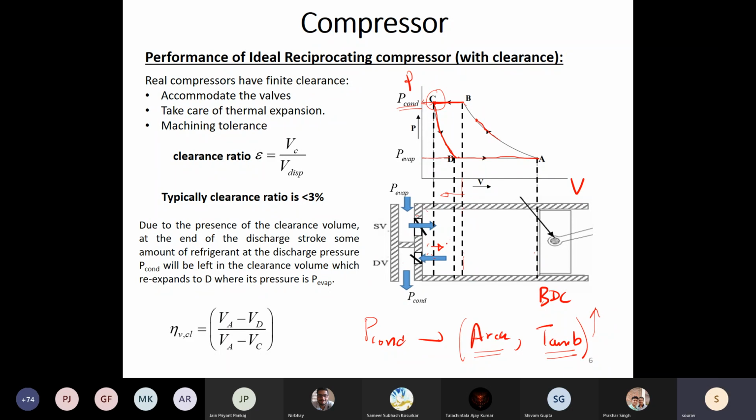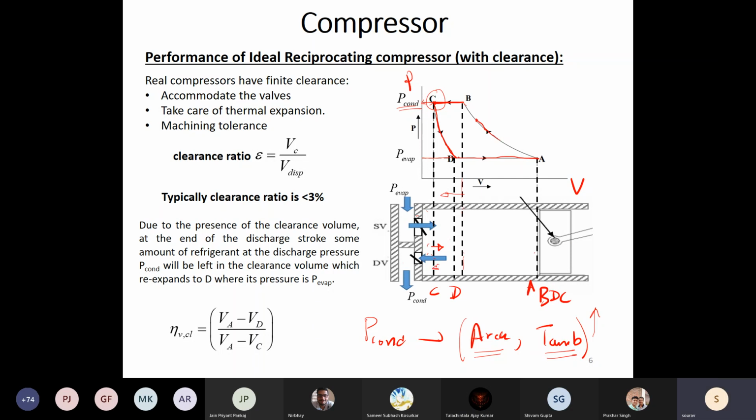From top dead center to the point D, the system is completely isolated. No valve is open. After D, the suction valve opens while the piston is going to the bottom dead center.